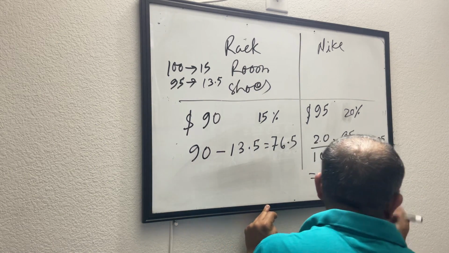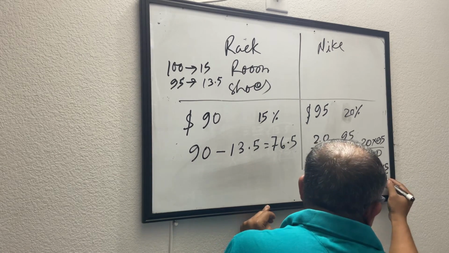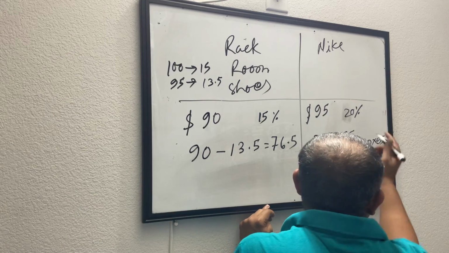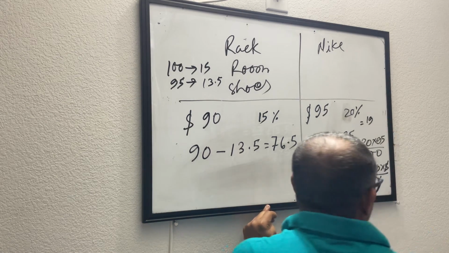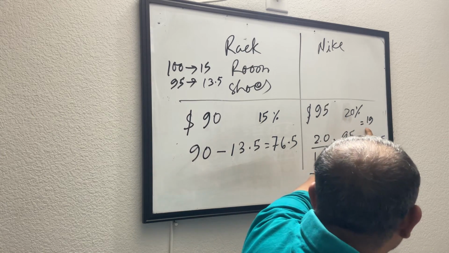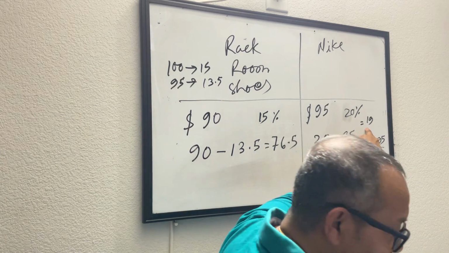And then I have a 5 here. 5 and 5 cancel. $19 is the discount that I am getting here. So 20% of 95 is 19. So I am getting a $19 discount.